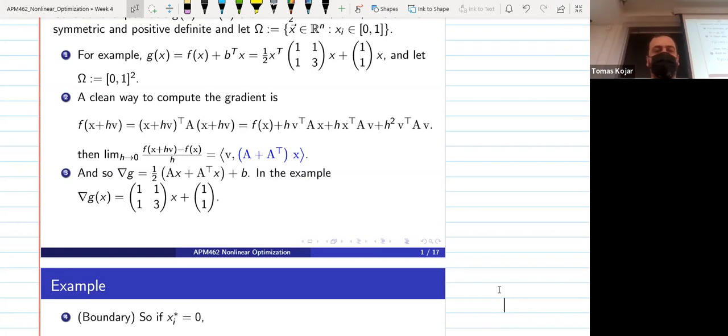So the matrix is symmetric, and you're just left with this term, 1 1 3 x plus 1, and we want to find stationary points. Can someone tell me what's the minimizer condition? Not the point, just what should I put on the right? What do you think? What do I put here?